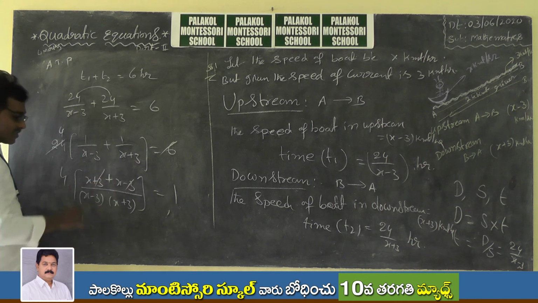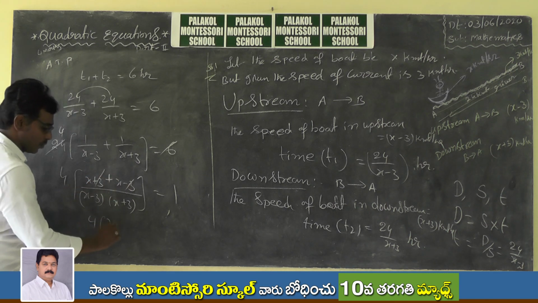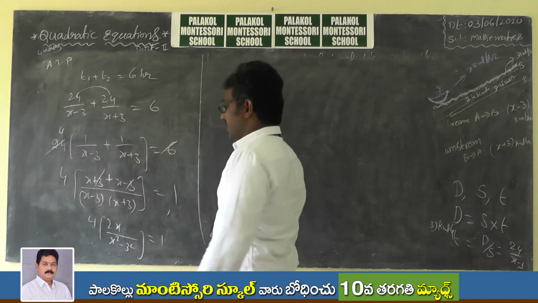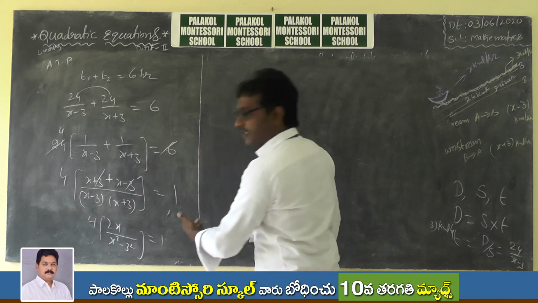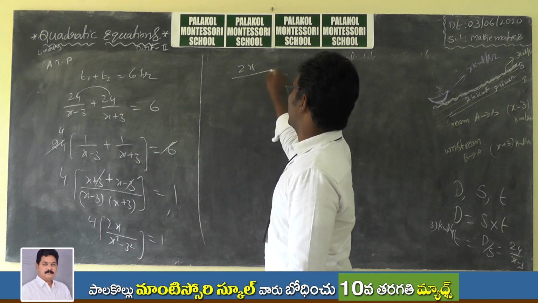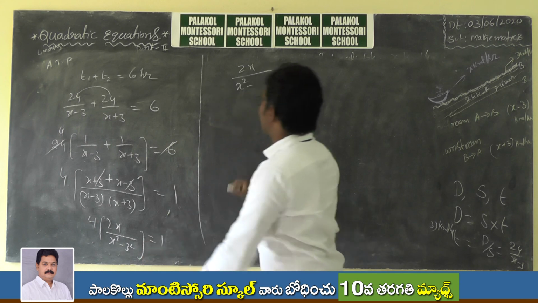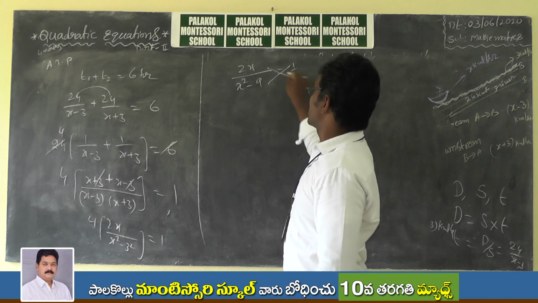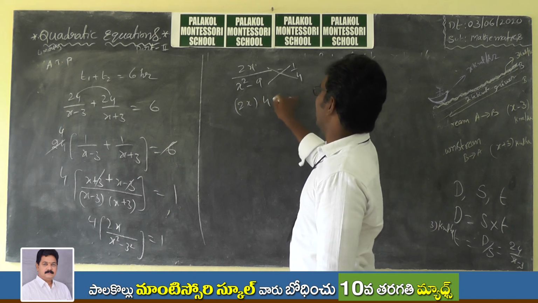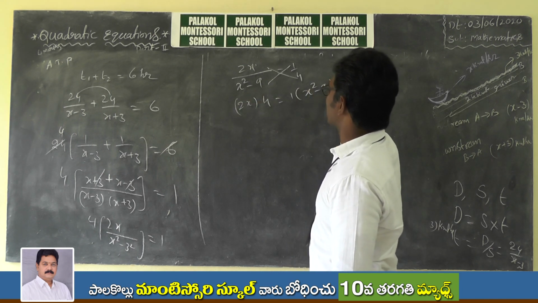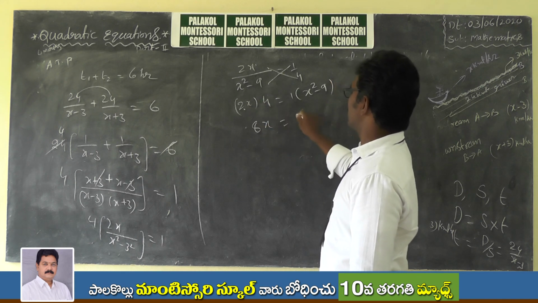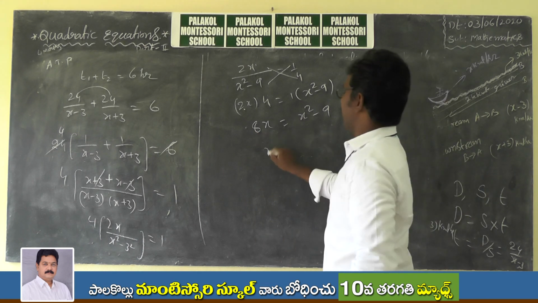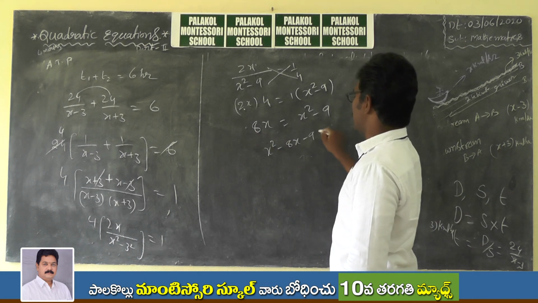Plus 3 minus 3 is cancelled, x plus x is 2x, so 2x by a square minus b square is equal to 1 by 4. Cross multiplication, so 2x of 4 equals 1 of x square minus 9. So 2 4s are 8x is equal to x square minus 9. Moving that side, x square minus 8x minus 9 is equal to 0.